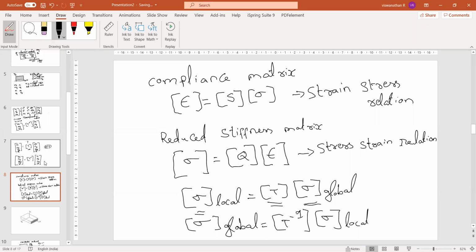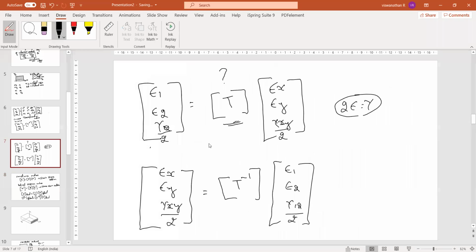It's not going to change. The only change I told you was over here: you have to put gamma 1 2 by 2 and gamma xy by 2 in these places. Rest all remains the same as what you have seen for the stresses.